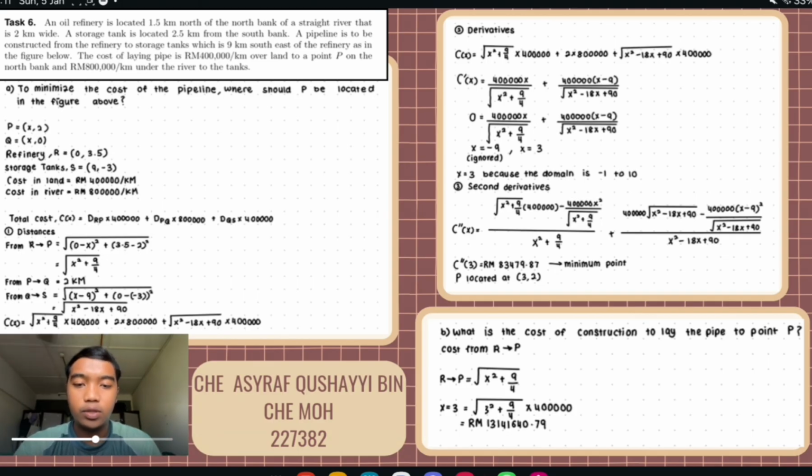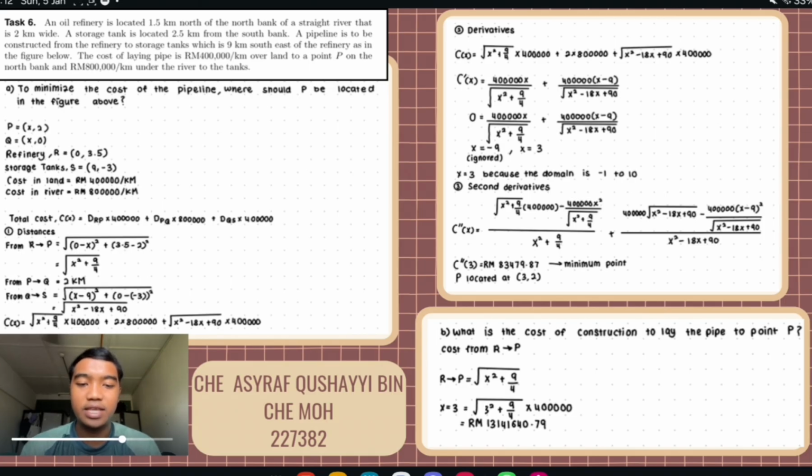After that, we need to differentiate the equation and equate it to 0. We will get two values of x, which are negative 9 and 3. We ignore negative 9 and take 3 because the domain is negative 1 to 10.